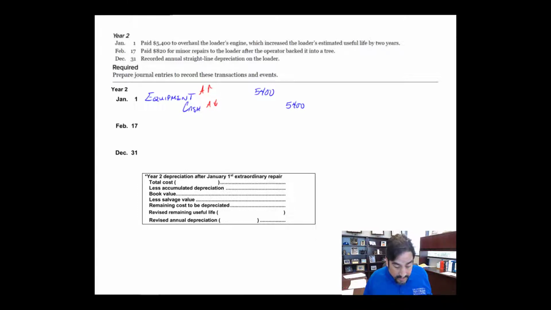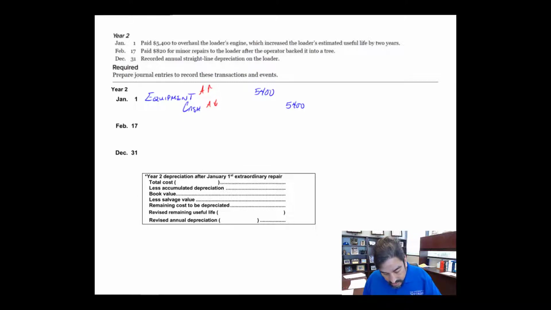On the 17th, we paid $820 for minor repairs after an operator backed it into a tree. So this is not a betterment. This is just routine repairs and maintenance. Things like this happen. You got to fix it. We haven't done anything to increase the efficiency or the lifespan of the machine.